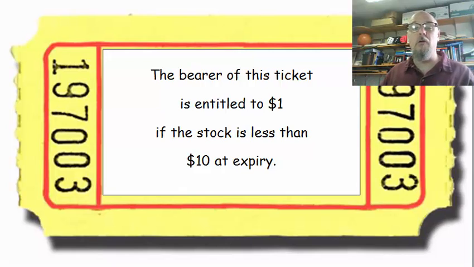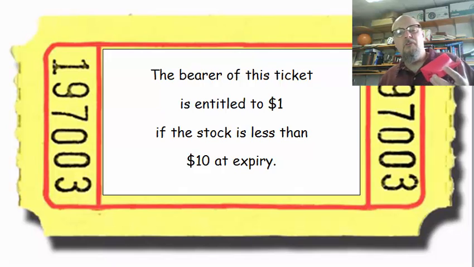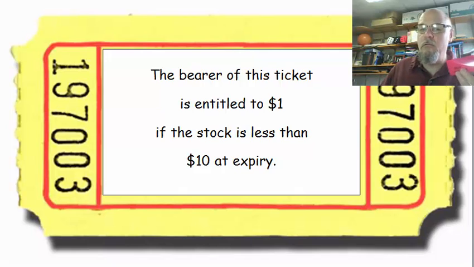If the stock was trading at $20 and there was only a day left, it's probably going to finish at greater than $10, so this thing is probably going to pay off 0, so my weights would be closer to weighting the 0 heavy and the 1 less.